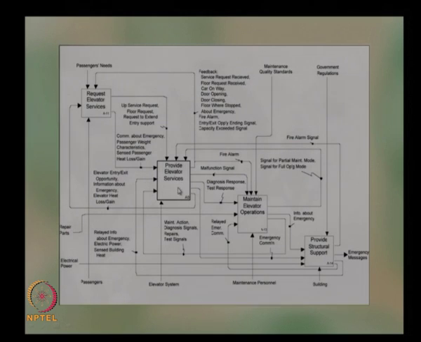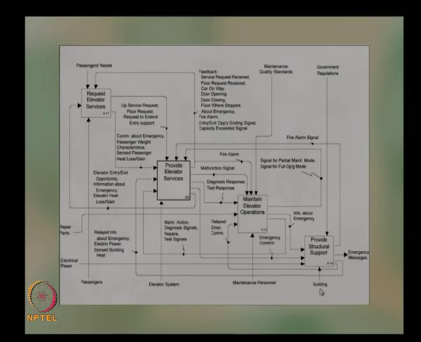The main system should satisfy the requirements of all these external systems. So through scenario identification and input output trace, we try to identify the requirements of each external system, like passenger, maintenance personnel or building, and then we try to identify what kind of interactions are taking place between these systems.